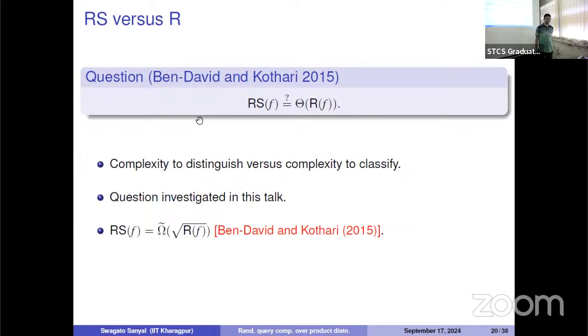So distinguishing is not too much easier than classifying. It's quadratically equivalent. The question is whether this holds for any Boolean function. There are partial Boolean functions for which it's not true, but in this talk I'm talking only about total Boolean functions, where all the entries of the table are 0 and 1.